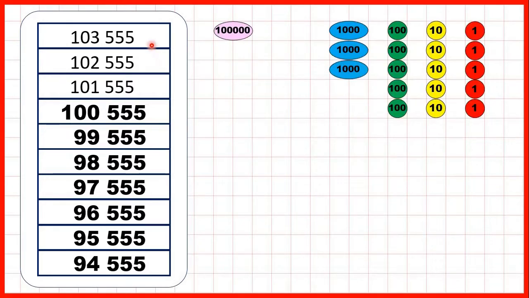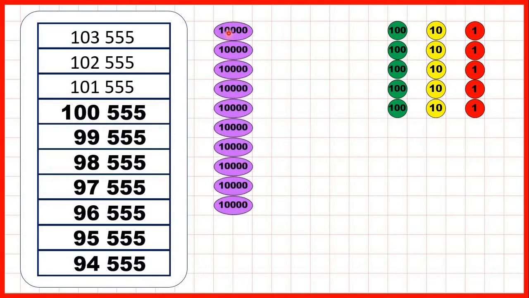Now let's show place value counters to represent what we've counted. So for this first question, we started with 103,555, which we've represented here using place value counters. We were taking away 1,000 each time, but then, now that we don't have any thousand counters, what we need to do is exchange.